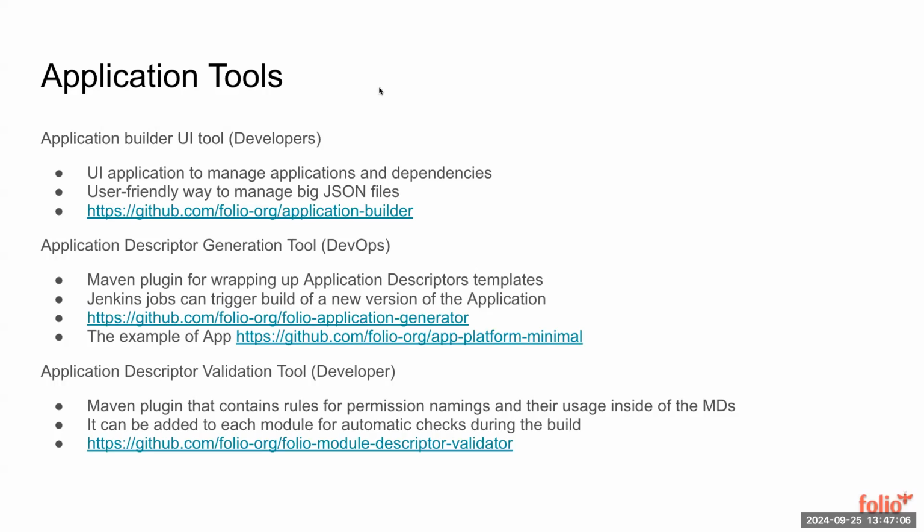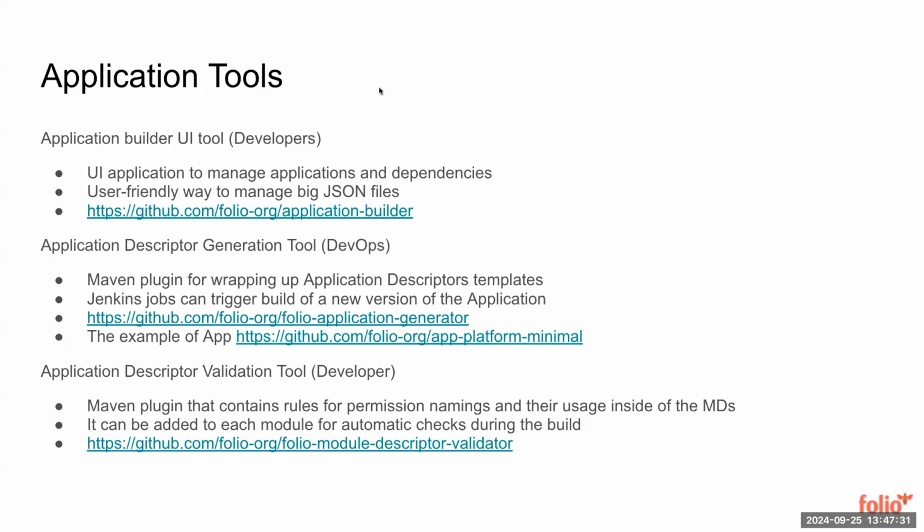The second one is an application descriptor generation tool, mostly used by DevOps to automate the provisioning of an environment. For example, we have a snapshot version of modules and a snapshot version of applications, and we have to build this environment on a nightly basis each time.